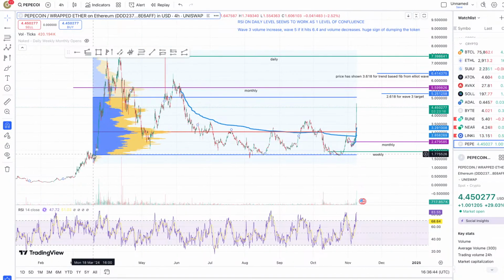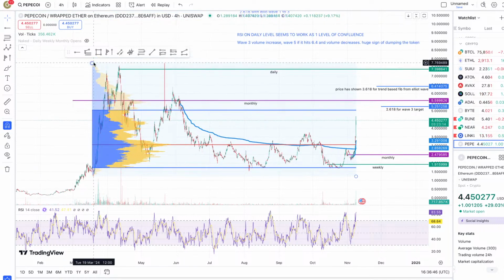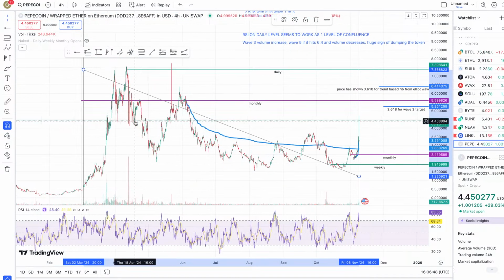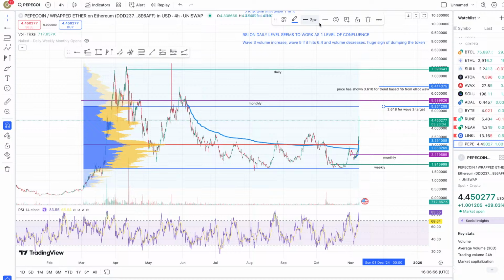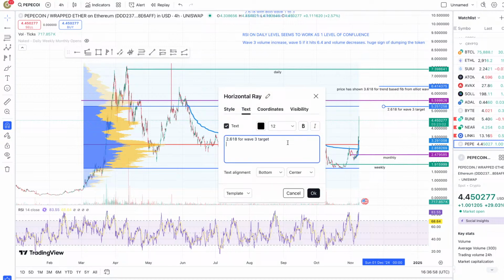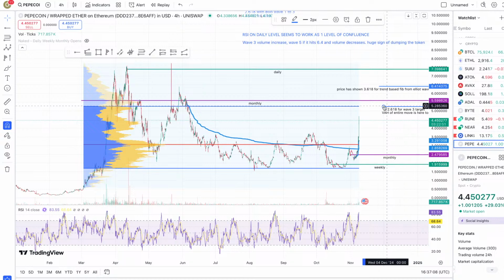For this whole big range, big range wise, we've been in this area. Oh, I kind of like that. So the value area high of this entire move is also right here, which is nice to see.